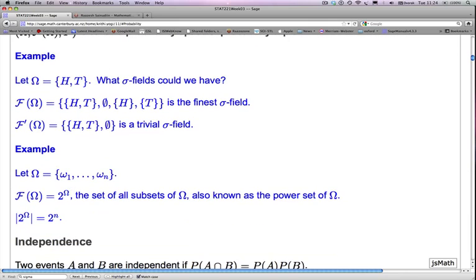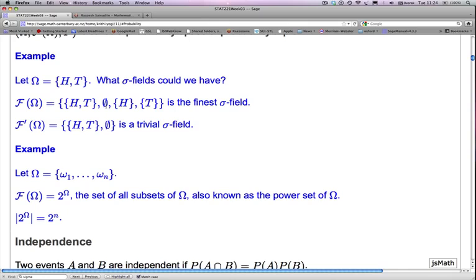So in example 1, let the sample space be head and tail. What sigma field could we have here? So this is the coin tossing experiment. Well, one sigma field is that we have head and tail. The entire sample space should be clearly there. The empty set should be there because it's closed under complements, remember? So this is the full space and its complement is the empty set.